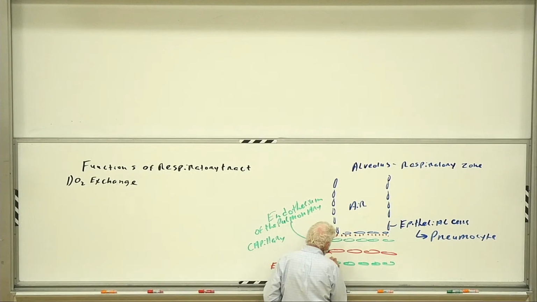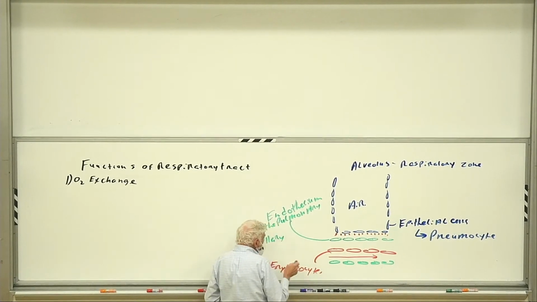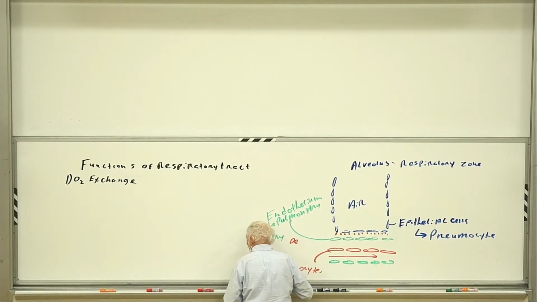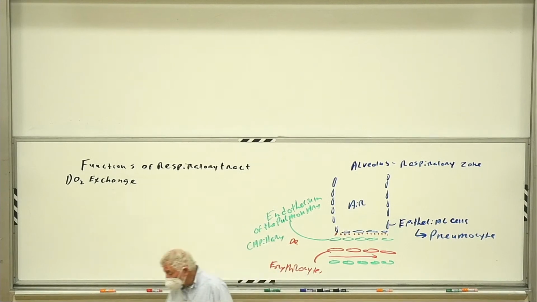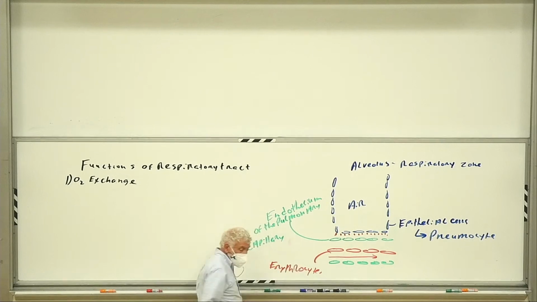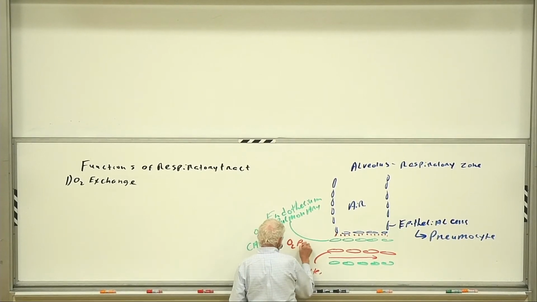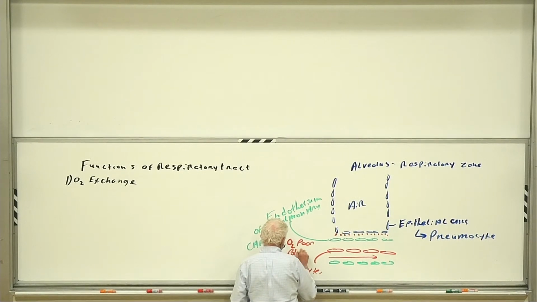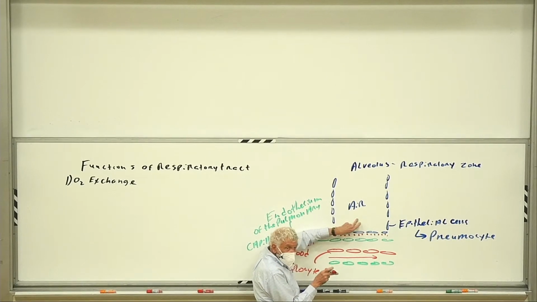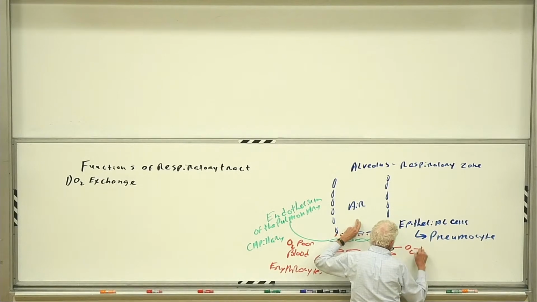If the flow is in this direction, then what we're seeing is that O2 poor blood comes in as it's flowing by the alveolar space. Coming out the other side, we have O2 rich blood.